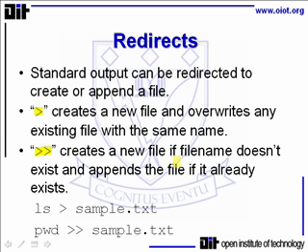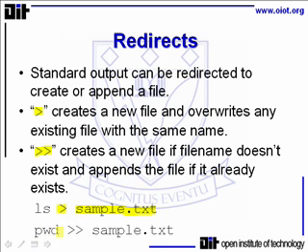The double greater than creates a file if the file name doesn't exist, so it's actually kind of safe to always use the double greater than, because you won't write over stuff, and it appends to the file if it already exists. Now, right here you see ls, and we said greater than. That would create a file called sample.txt. If there was a file previously named sample.txt, that file would have gotten overwritten.